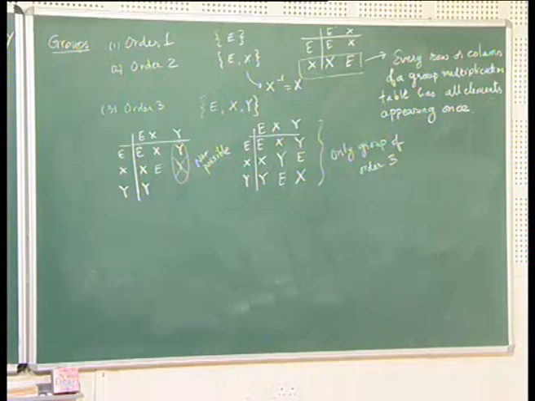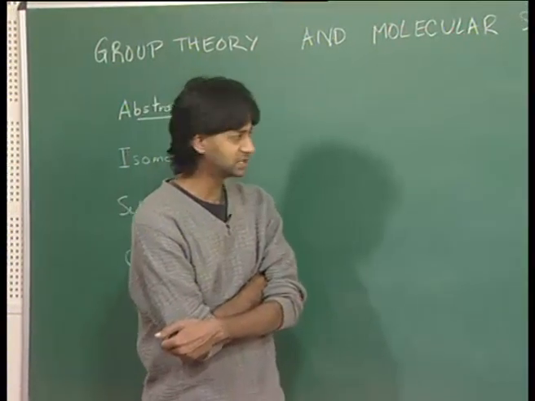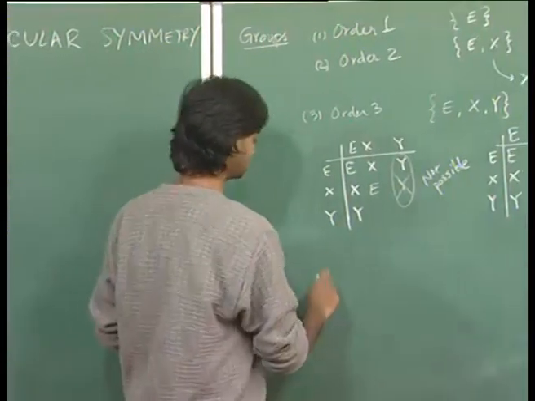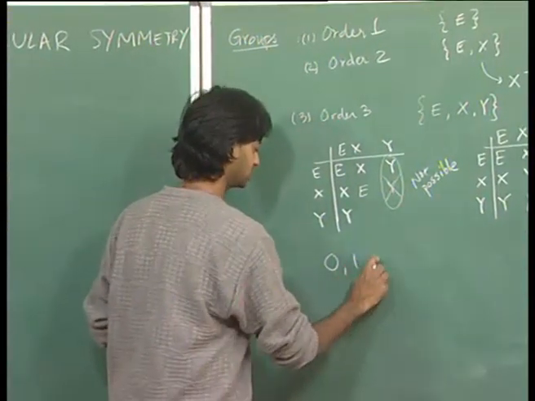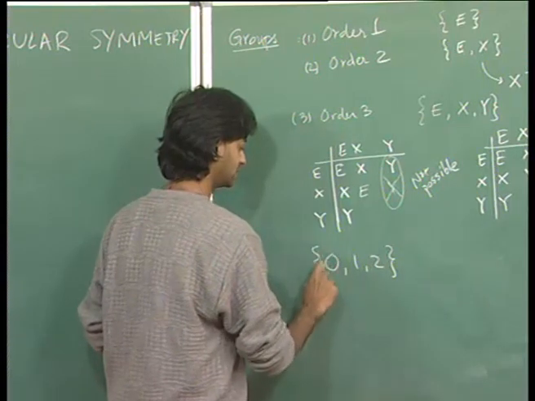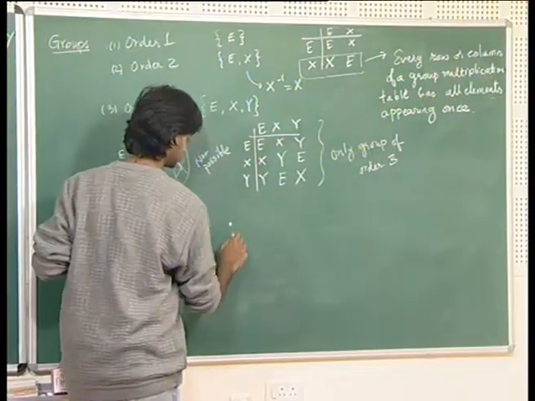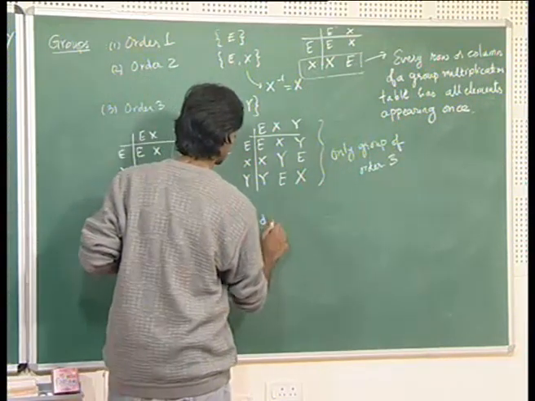Now suppose somebody asks, how can you say that there is only one group of order 3? Suppose somebody says, I construct a group that contains 0, 1, 2 and the operation is addition modulo 3.